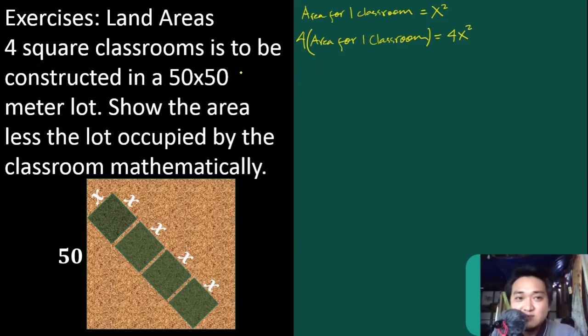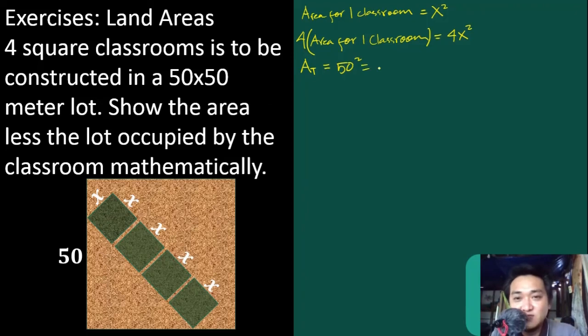Remember that the measurement of the total square lot is 50 by 50. So the total area A sub t is equivalent to 50 squared. Why? Because one of its sides, its width, is 50, and 50 times 50, or 50 squared, is represented by the total area.